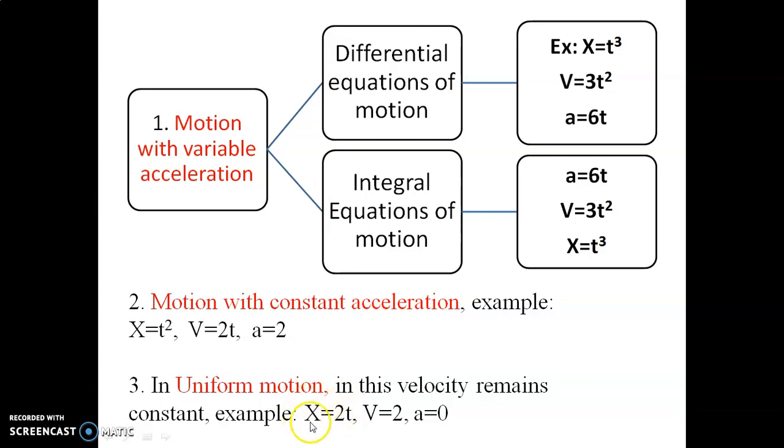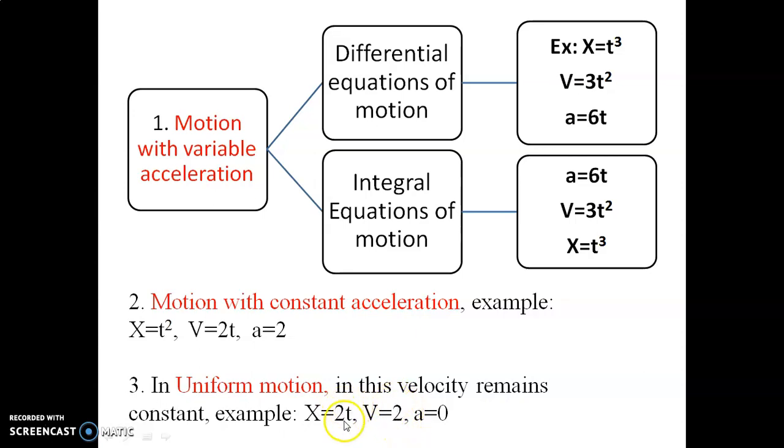Here the expression is x is equal to 2t. The first derivative of 2t will be 2, and if I differentiate this expression of velocity, I am going to get acceleration equal to 0, because the derivative of a constant value becomes 0. What we can observe here is that for different values of time, I am going to get different values of x, meaning displacement, but with respect to time, velocity is not changing, velocity is constant.